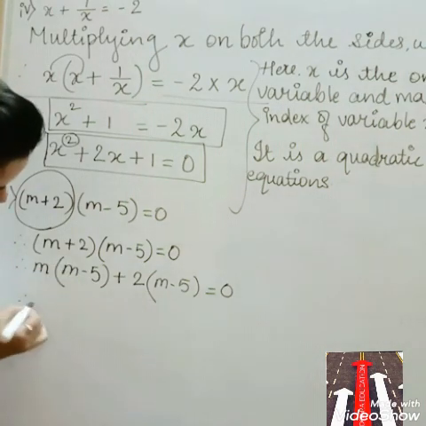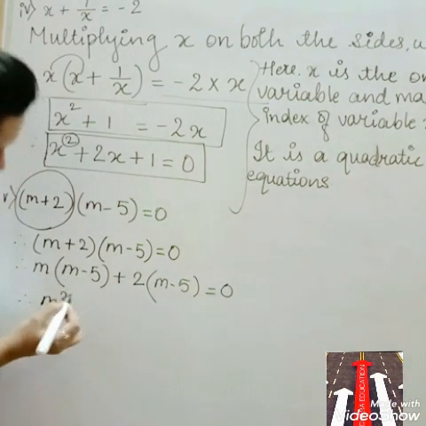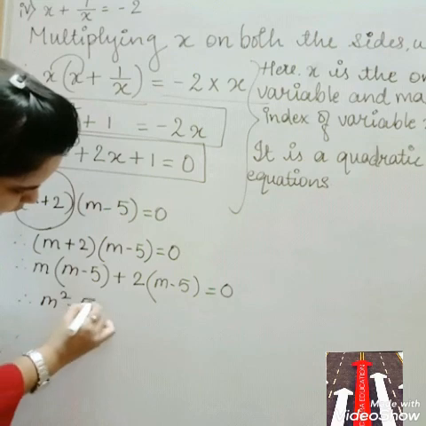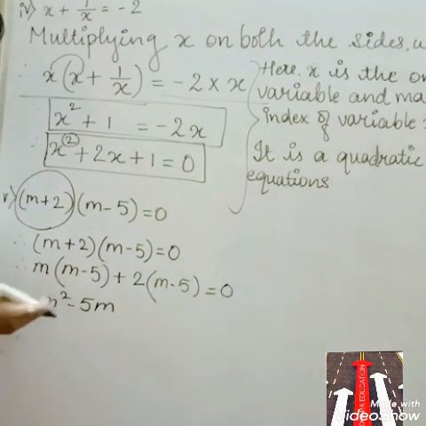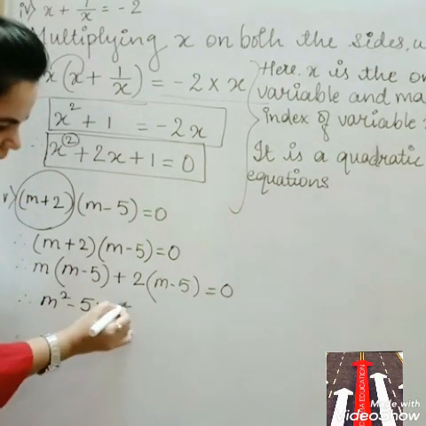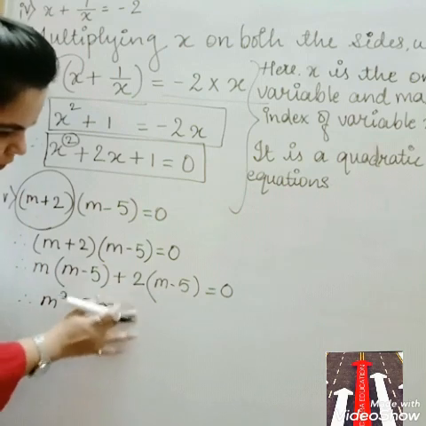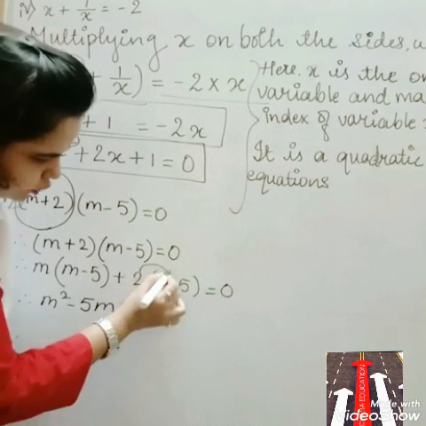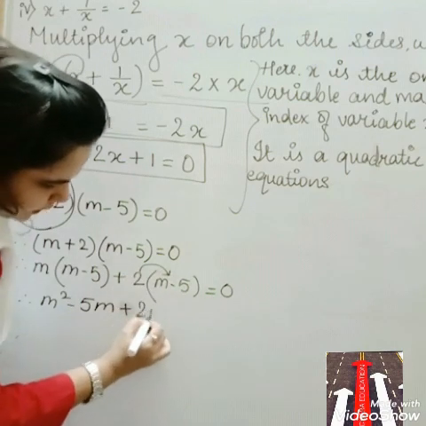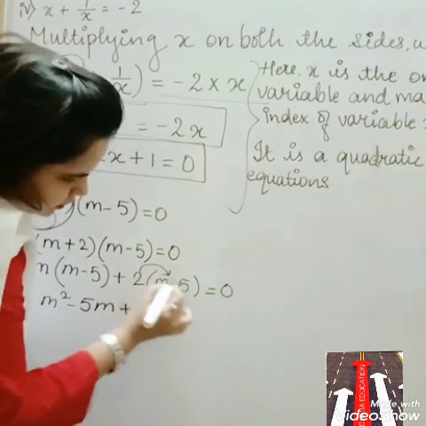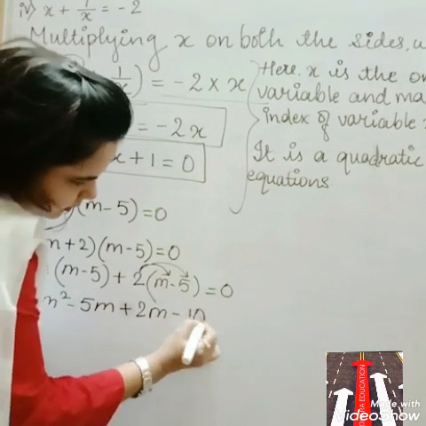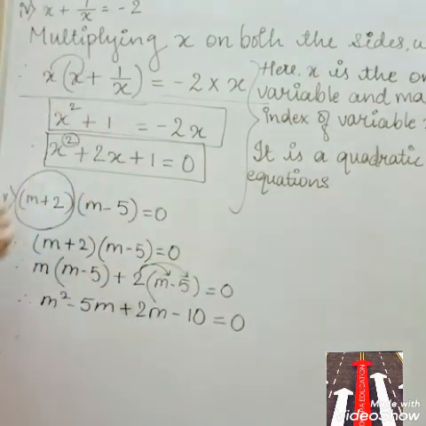M square, okay, and then m multiplied with 5, we will get minus 5m, I'm sorry, plus 2, right? But here we need to write 2m because it is going to be multiplied with this. So 2m minus 2 fives are 10, 10 is equal to 0 as it is.